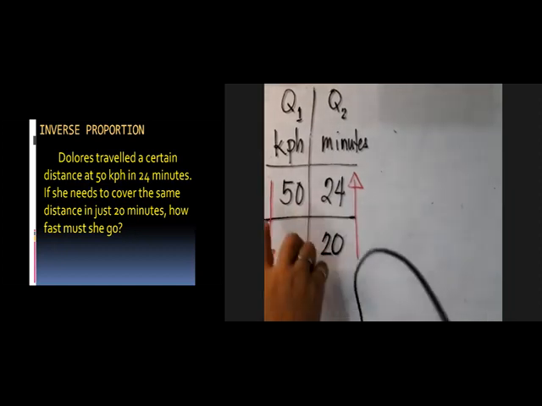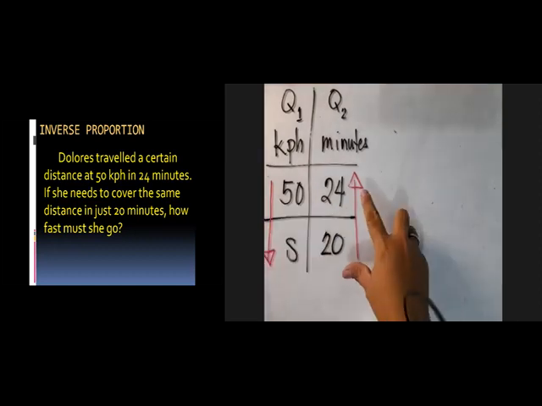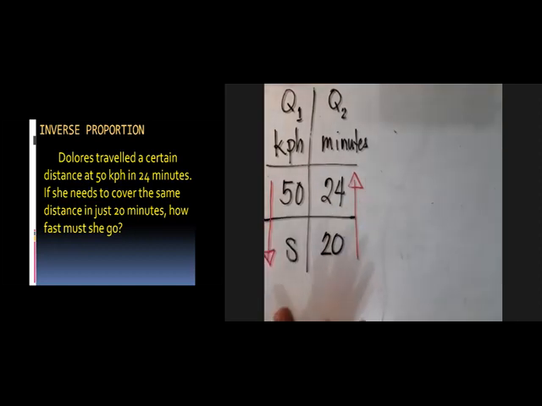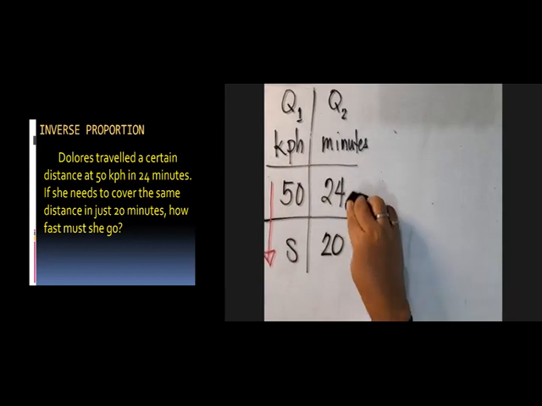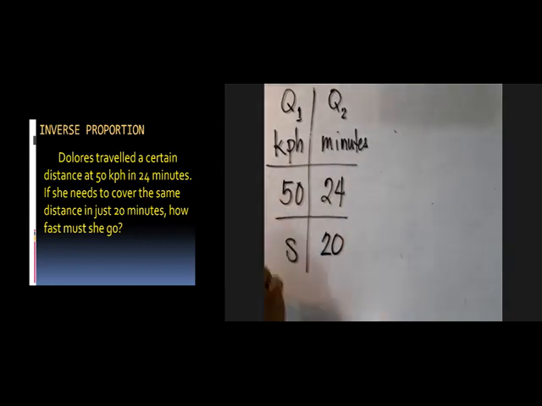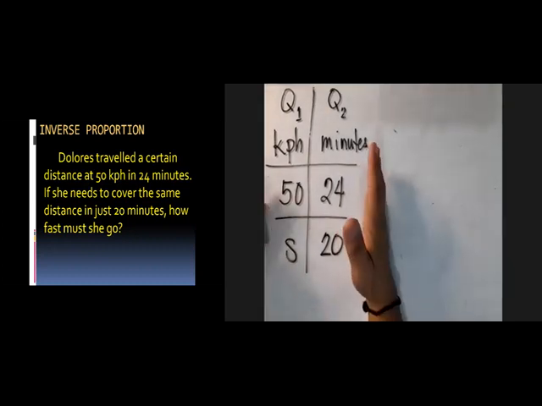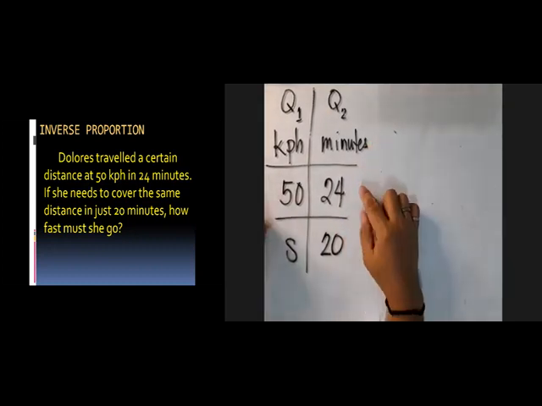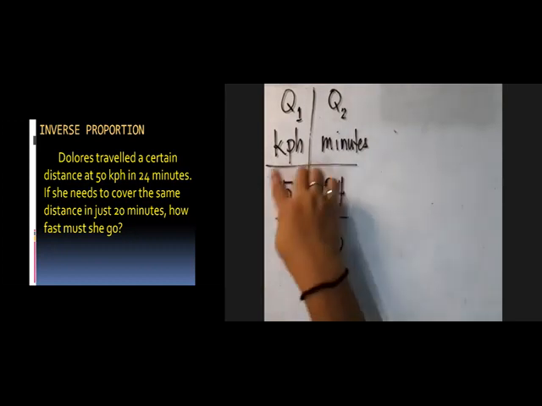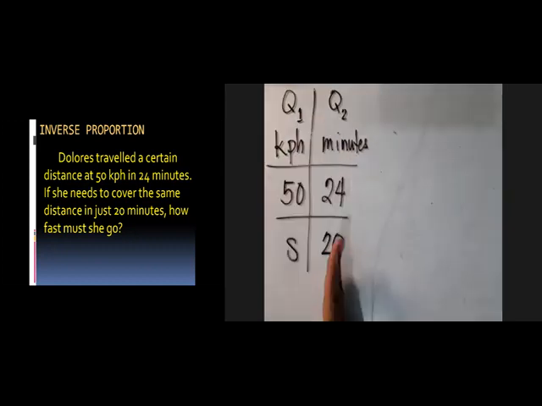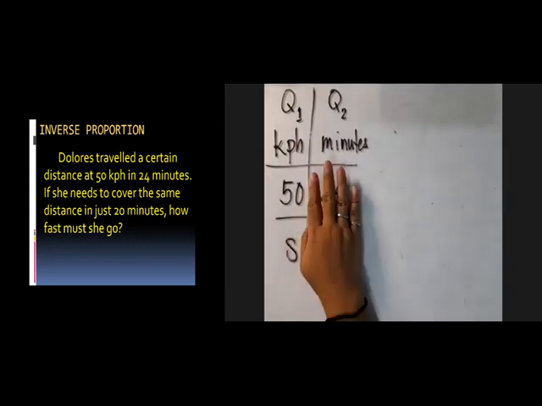Kaso, hindi natin gakopyahin yan ng paganon kasi it's an inverse proportion problem. Okay, so how do we do that? So let's observe our table. Tingnan natin yung table natin. Sa table natin, vertical ang tingin natin, no? Pag tinignan natin yung unit of measure, yung column natin for speed, we have 50 and S.